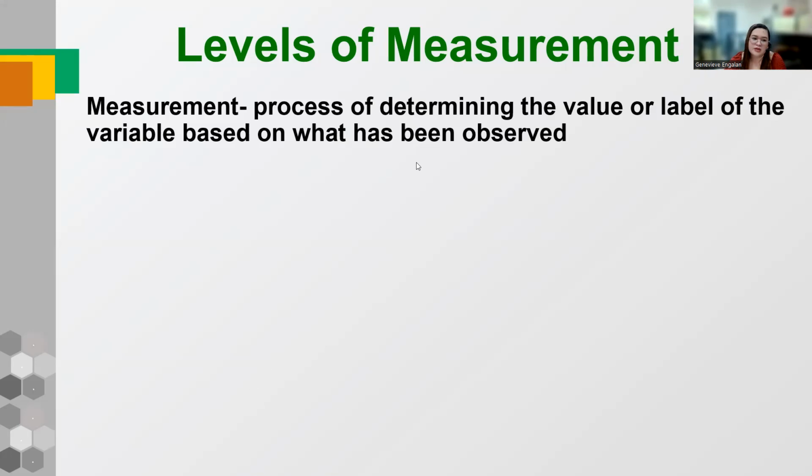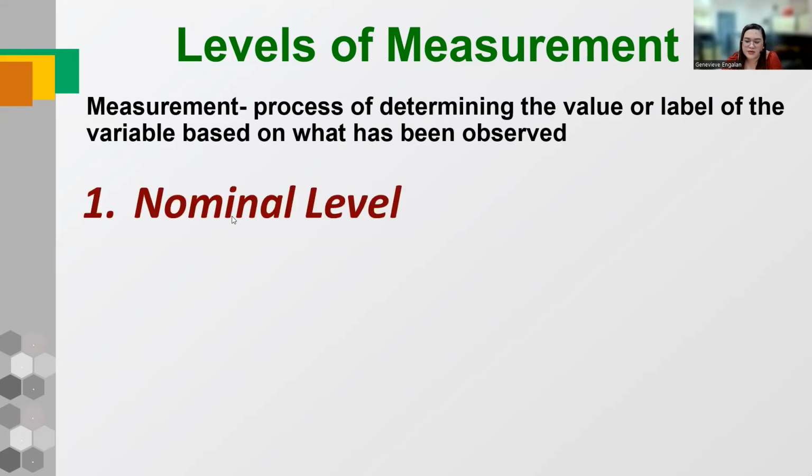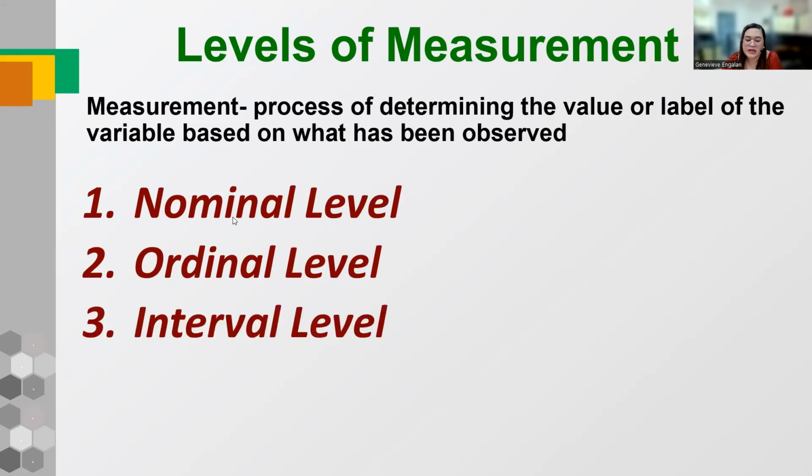For example, the data must be nominal for us to use a certain analysis. So first, the levels of measurement: we have the nominal level, ordinal level, interval level, and ratio level.